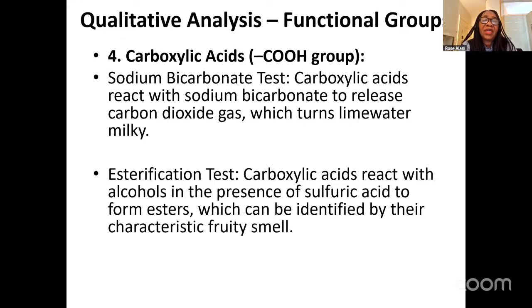The other test for carboxylic acid is the esterification test. Carboxylic acids react with alcohols in the presence of sulfuric acid to form esters, which can be identified by their characteristic fruity, sweet smell.